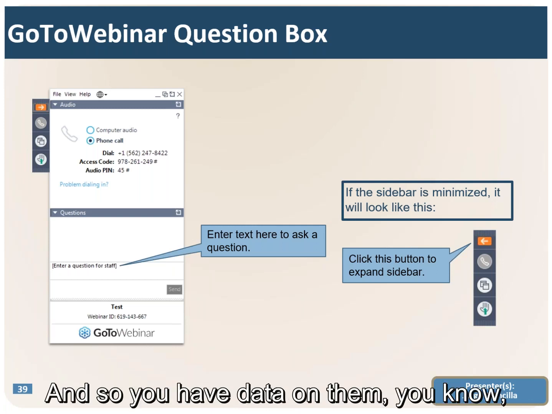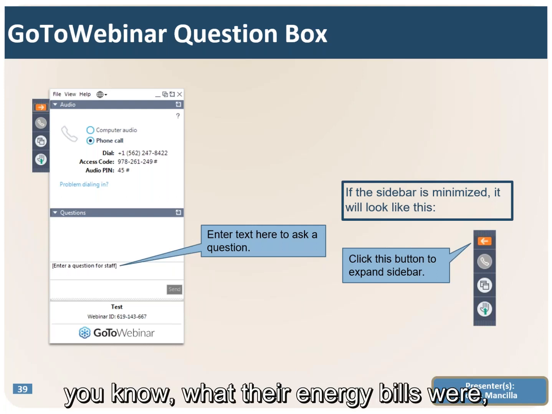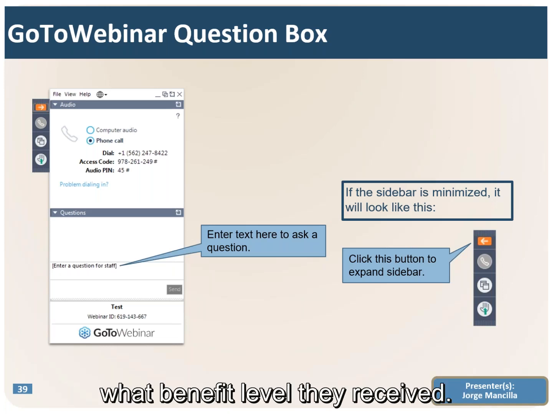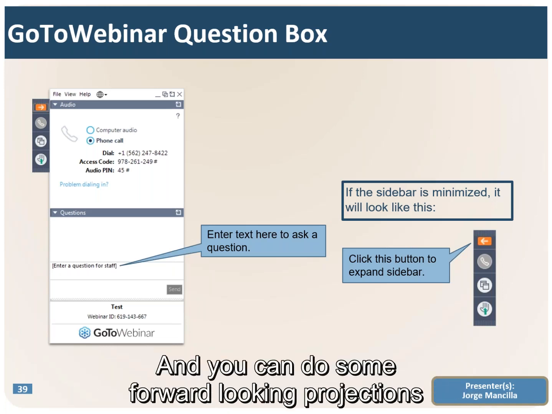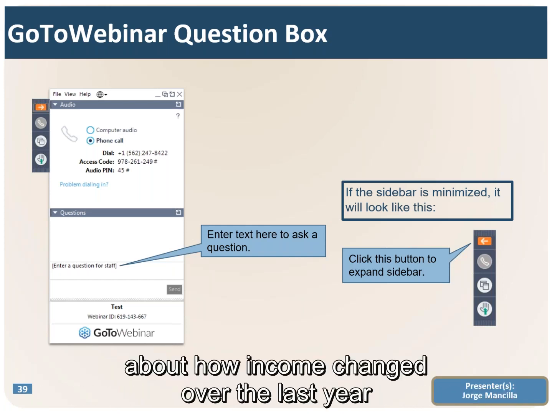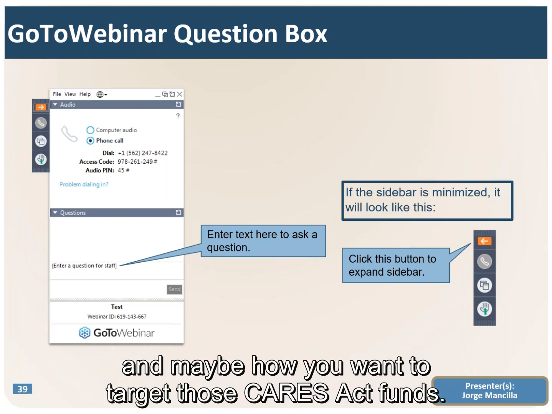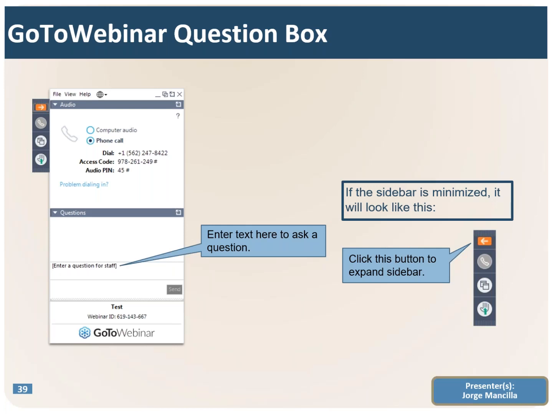And so you have data on them from last year, what their income was, what their energy bills were, what benefit level they received. And you can do some forward-looking projections where you make maybe certain assumptions about how income changed over the last year because of coronavirus, and maybe how you want to target those CARES Act funds.